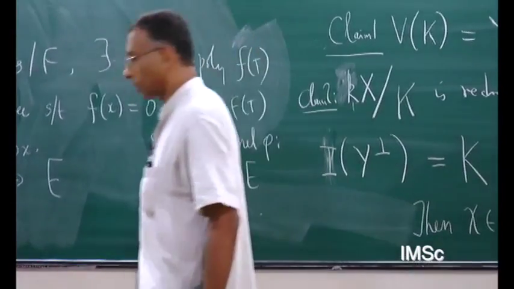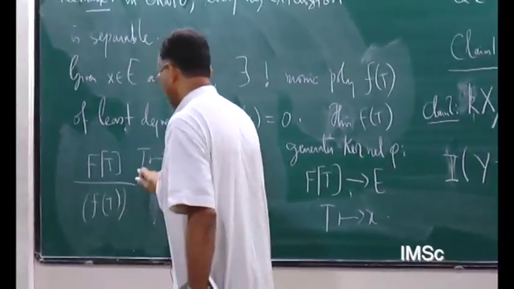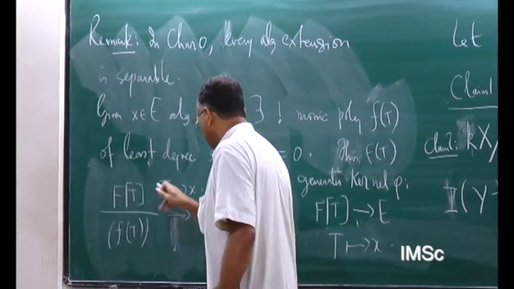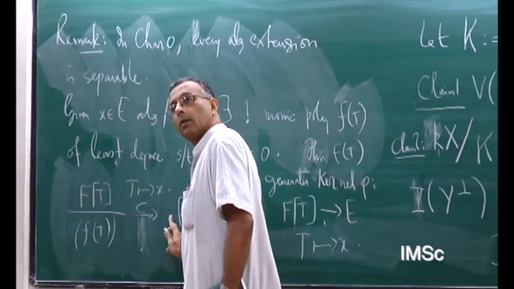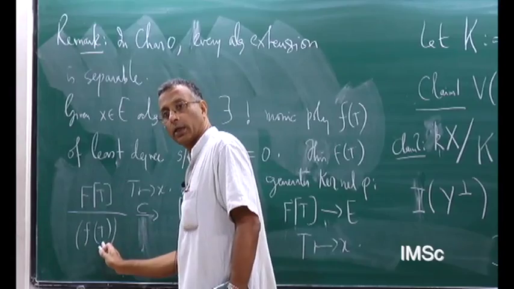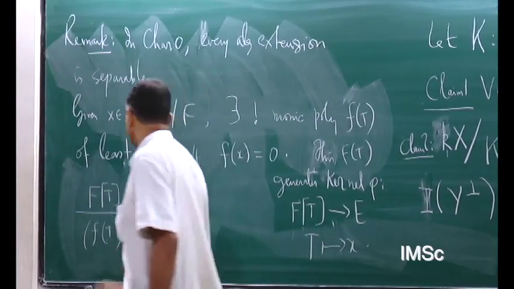So since f generates the kernel of phi, this map is an injection, and therefore the image is a domain, and therefore this is irreducible. Fine.